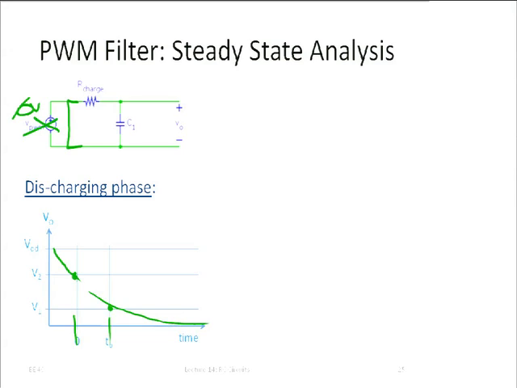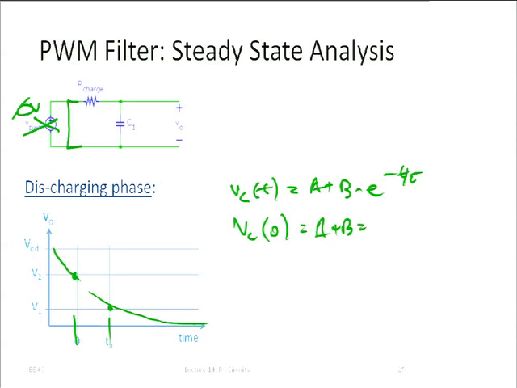So Vc of t again is a plus b times e to the minus t over tau, I guess. And then Vc of t equals 0 is equal to a plus b. And what should that be equal to? V2, right? And Vc of T2 is equal to V2 and so on.